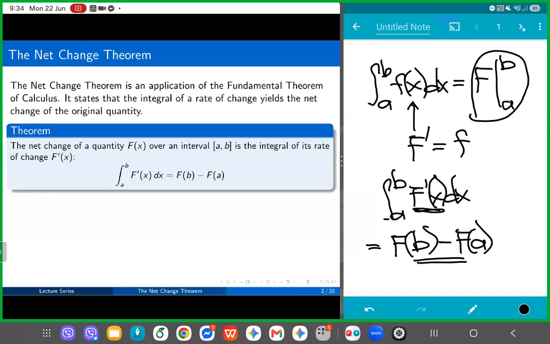If its original input is a and you change the input to b, then the output will change by this amount, F of b minus F of a. In other words, the integral of a rate of change equals the net change. We have it here.